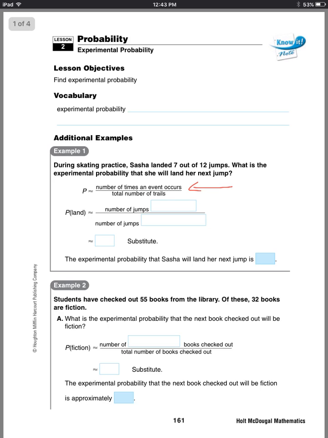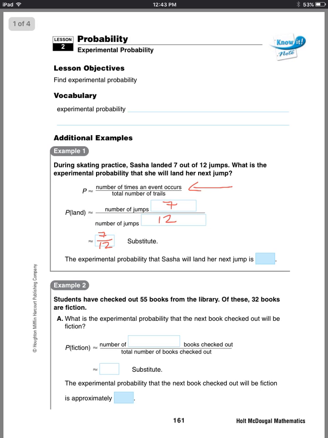During skating practice, Sasha landed 7 out of 12 jumps. What is the experimental probability that she will land her next jump? Well, while she was practicing, she got 7 out of 12 jumps landed. So, the answer is 7 over 12.